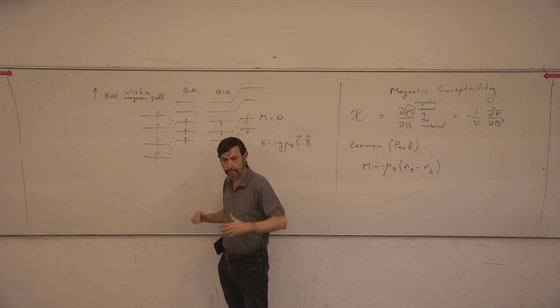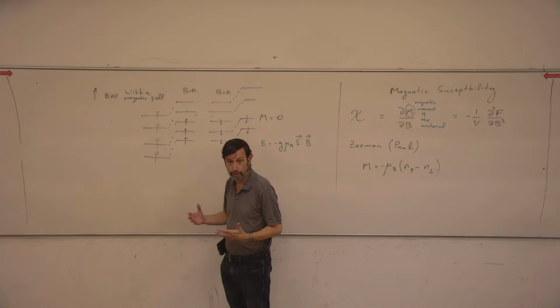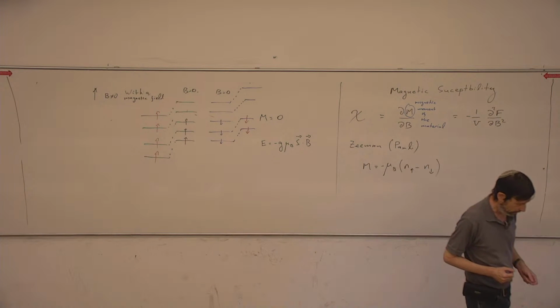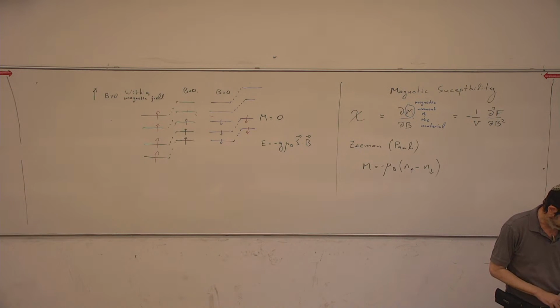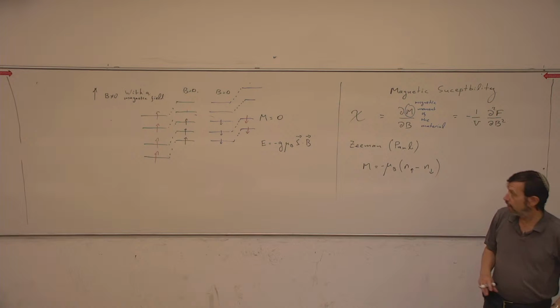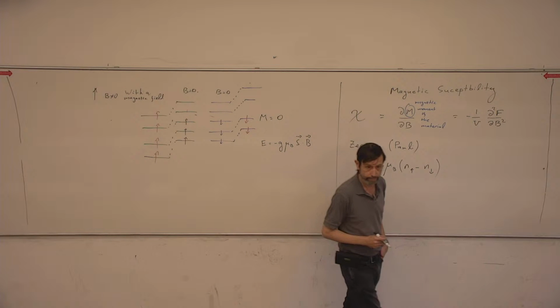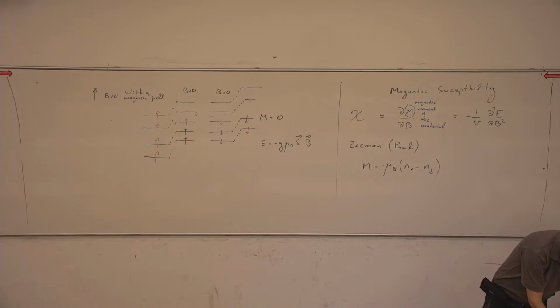Or for example, in molecules or atoms, where you have a small number of electrons. Okay. So let's write it down mathematically, since we understand the physics behind it.